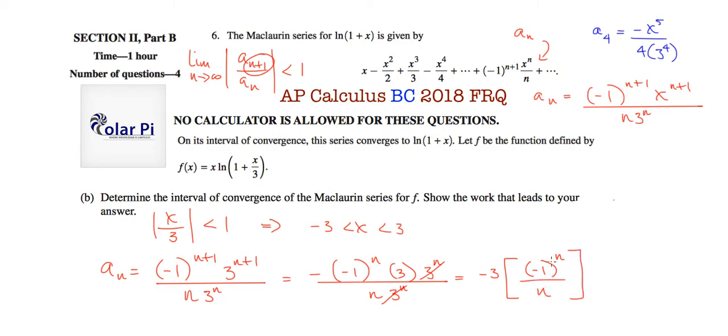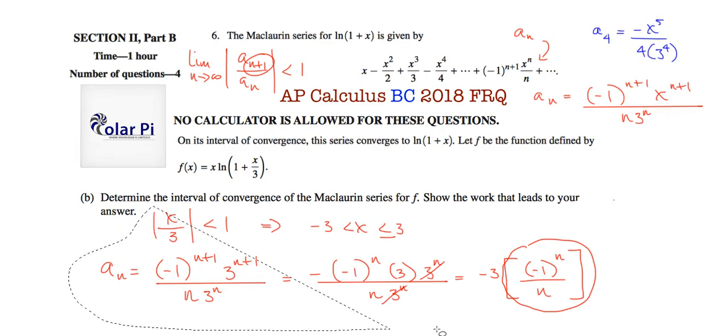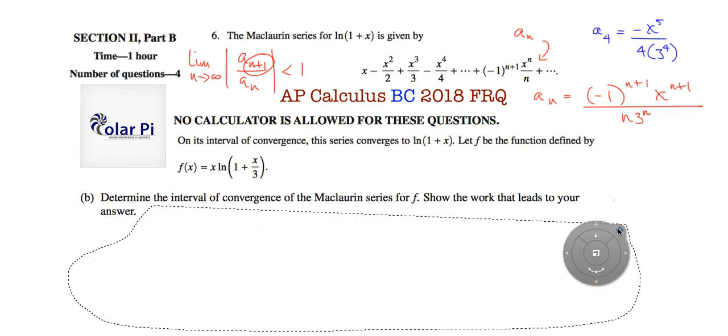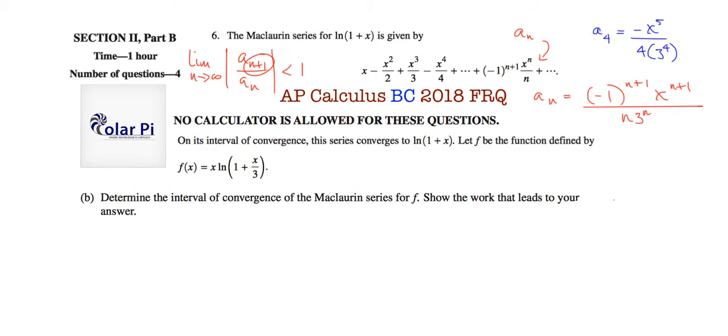But as a series, the guy in the square brackets, this guy right here, is the alternating harmonic series, which we know converges. So -3 times the alternating harmonic series also converges. So that means that we'll have to include this endpoint. And so that's that for part B, and let's move on to part C, and we'll be done, finalement.